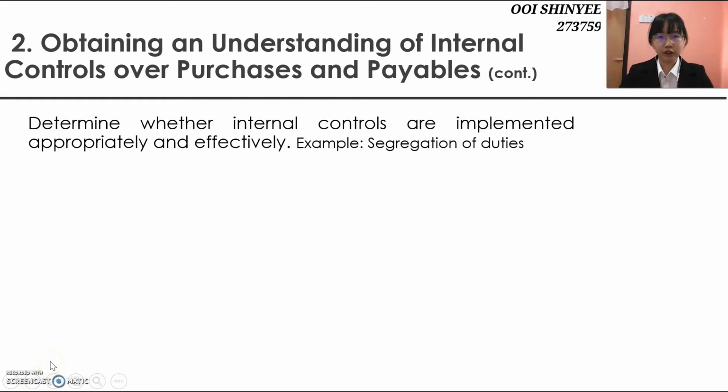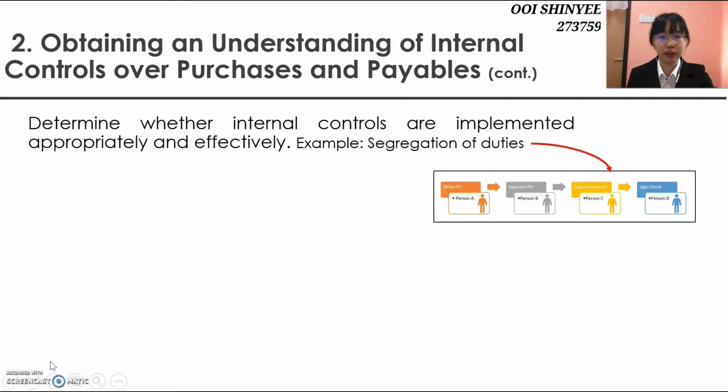After that, the auditors may determine whether the internal controls over the purchases and payables are implemented appropriately and effectively. For example, the implementation of segregation of functions between invoice verification and approval and the function of cash disbursement can be observed by the auditors.